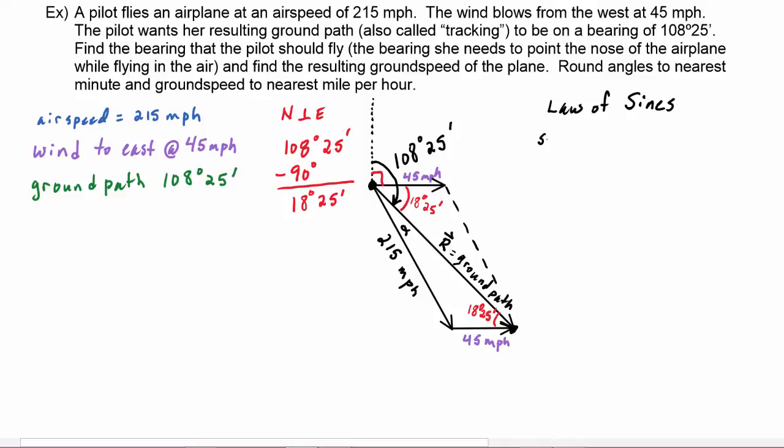Then the sine of alpha divided by its opposite side, which is 45, is going to equal the sine of 18 degrees 25 minutes divided by its opposite side, which is 215.